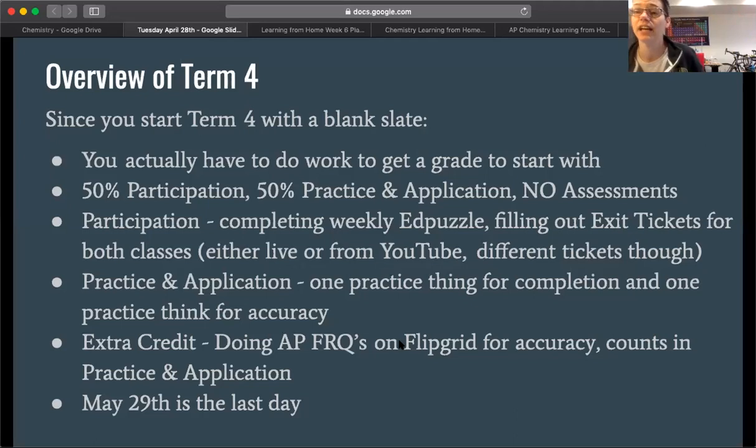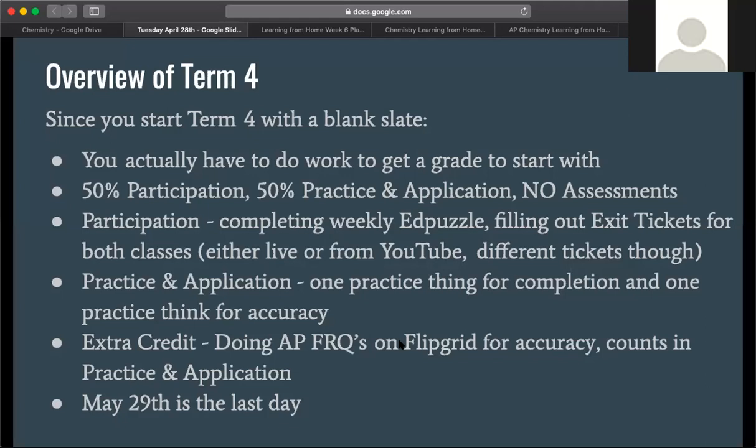So technically, if you go into Aspen right now, you have 3 grades listed for this week: a week 1 participation, a week 1 practice and application, and a week 1 extra credit. I thought you were supposed to have the same amount of extra credit grades as graded grades, like it's supposed to be equal within the practice and application category.